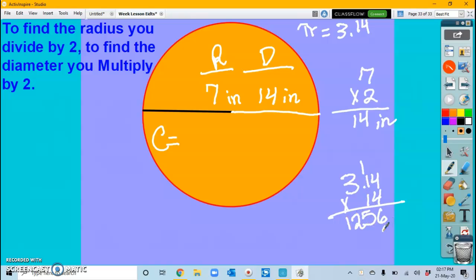Then 0, 4, 1, 3. And now we add, which is going to give us a total of 4, 3, 9, 6, and make sure you move your decimal. So your circumference is going to be 43.96.